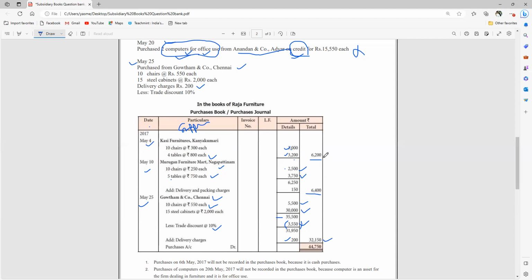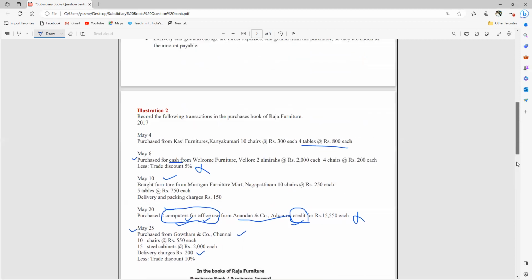So the overall total, 12,500 plus 32,150, is equal to 44,750, which is the total of your purchase book, which will be recorded and debited into a purchase account. Okay, so this is about illustration 2.